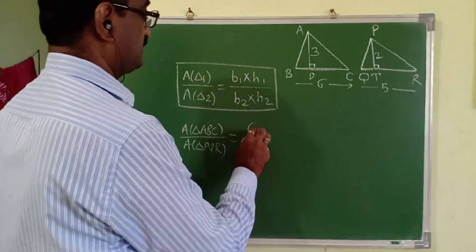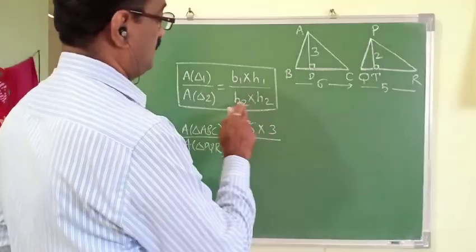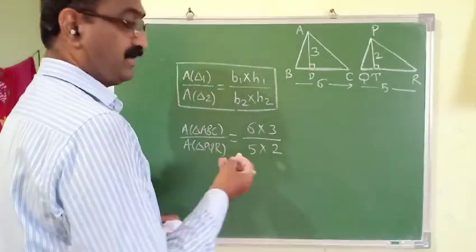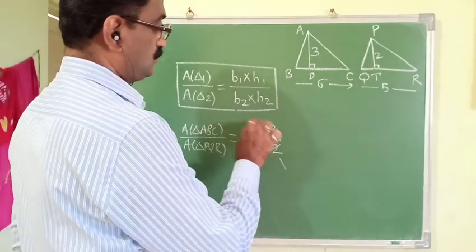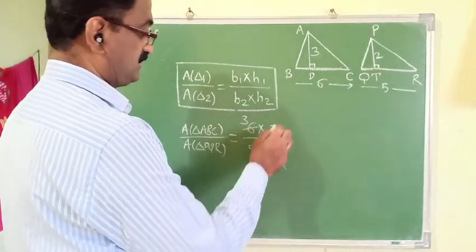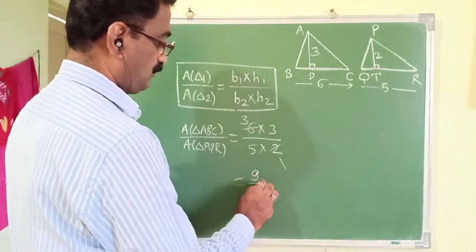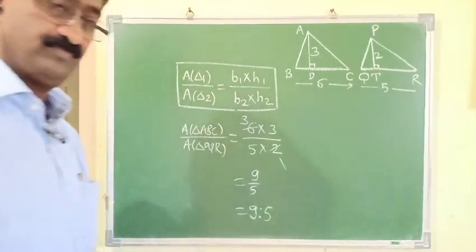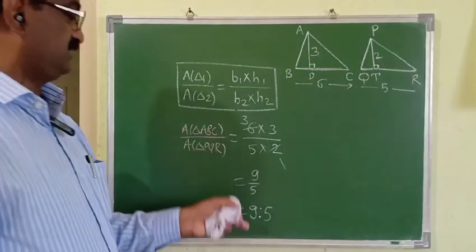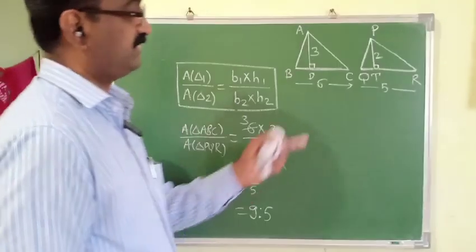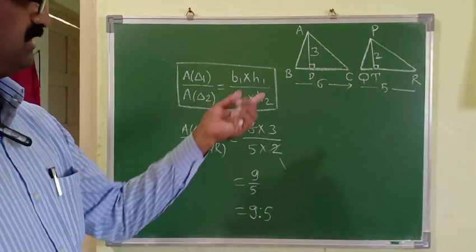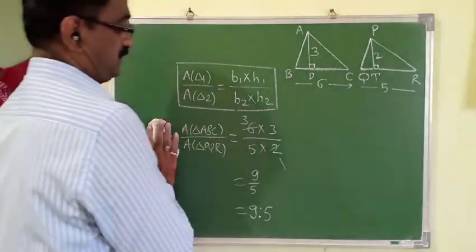Here base is 6, height is 3. Base of the other triangle is 5, height is 2. Simplify. 2 1s are 2, 3 3s are 9, so 9 upon 5. So that ratio is 9:5. So this is the ratio of areas of these triangles according to given information. In this manner, we can solve the problem using that property.